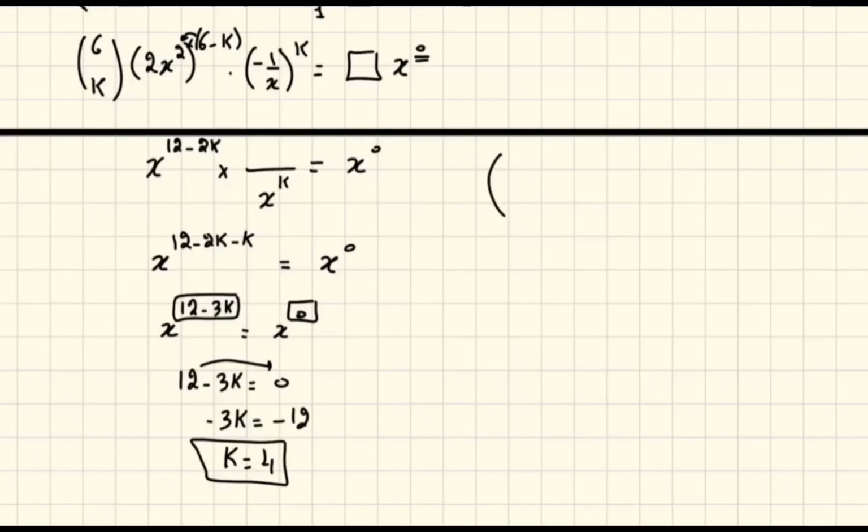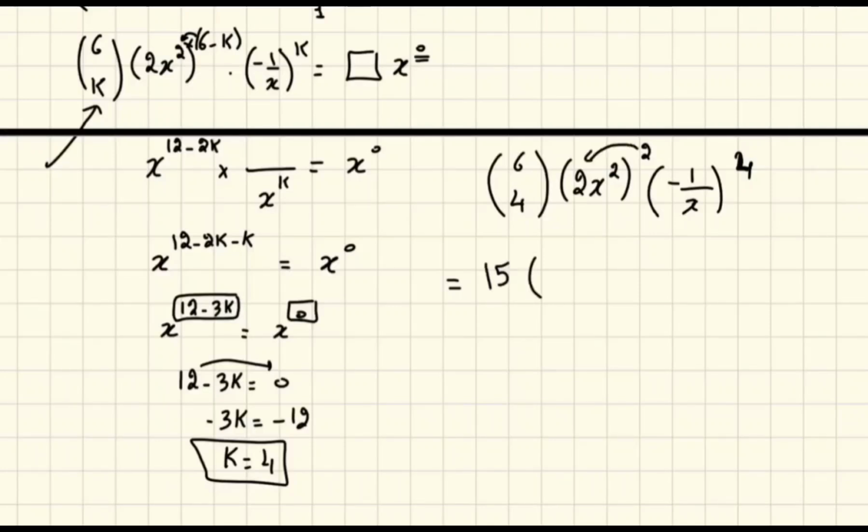So I expect when I replace k with 4 here, I'm going to get a constant term. Let's see. So 6 minus 4 is 2, minus 1 over x exponent 4. Now, we can use the calculator to do 6C4, which is 15.